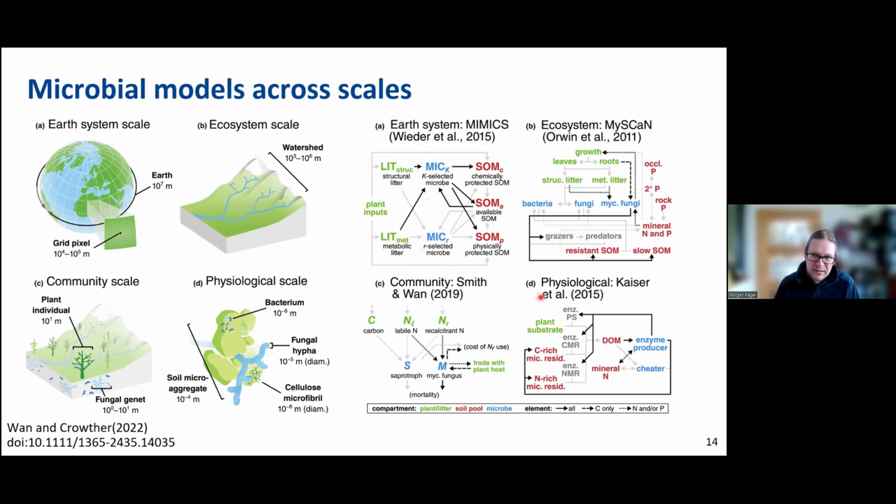Then at the ecosystem scale, we can have models that consider trophic networks. So you see here also degradation of soil organic matter that is used by fungi and bacteria, and here comes a trophic network in, and with that you can also consider the top-down control of trophic networks on these mostly microbially driven biogeochemical reactions here.